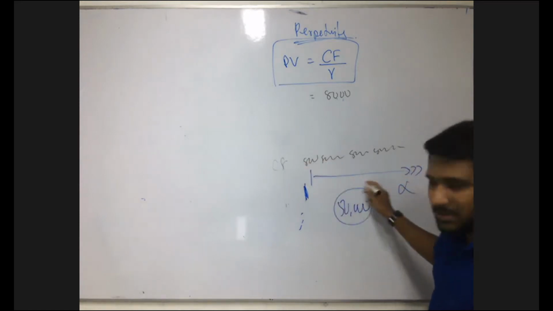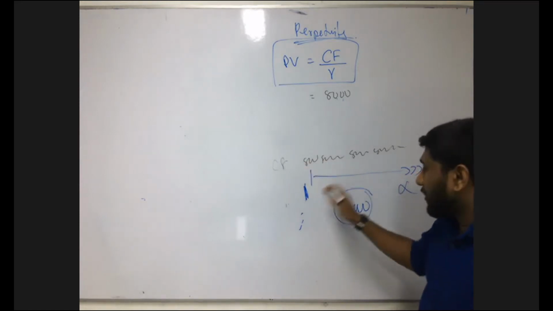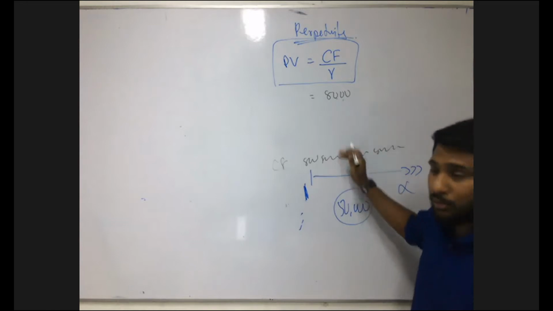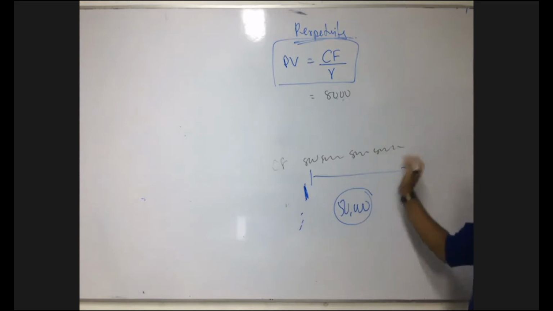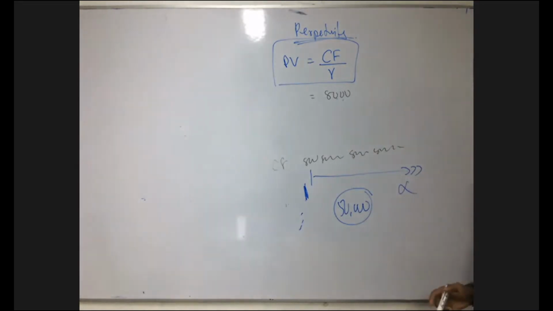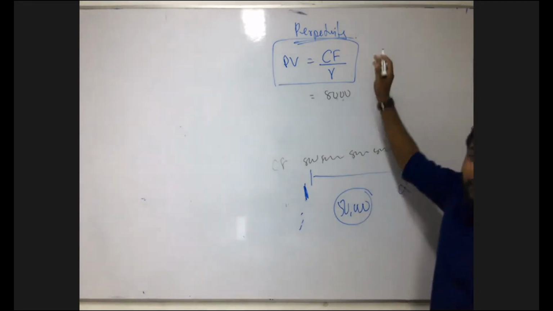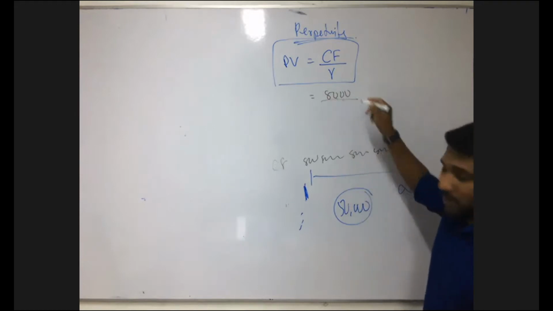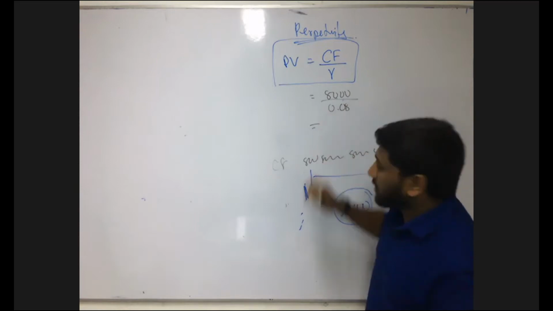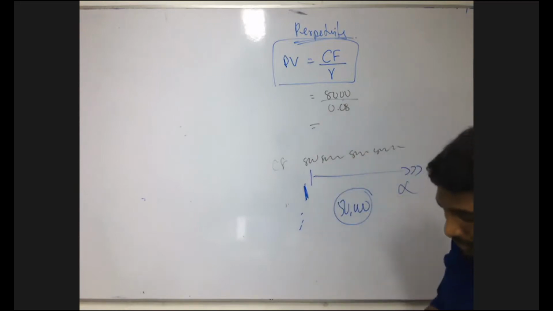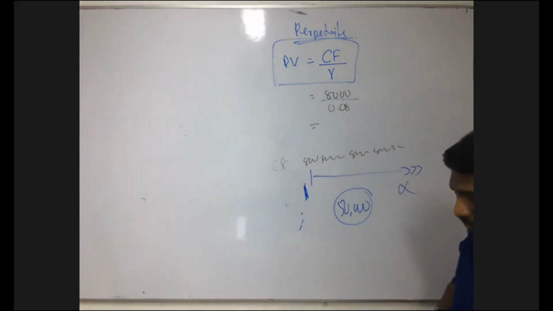You have to find the present value, but if you don't know the number of years, you can't use your annuity factors. Then you have to use this perpetuity formula. Then 8,000 divided by 0.08.